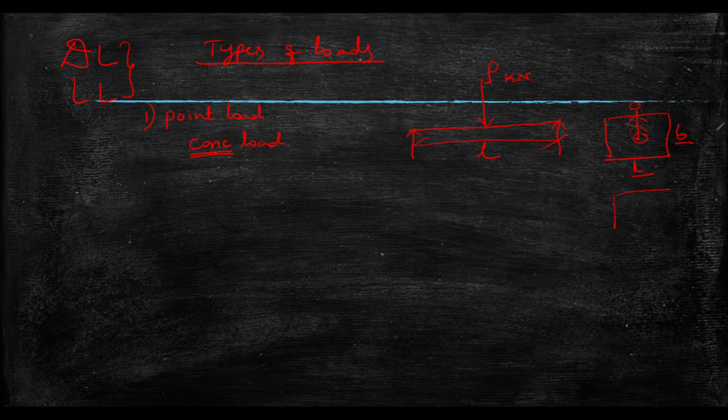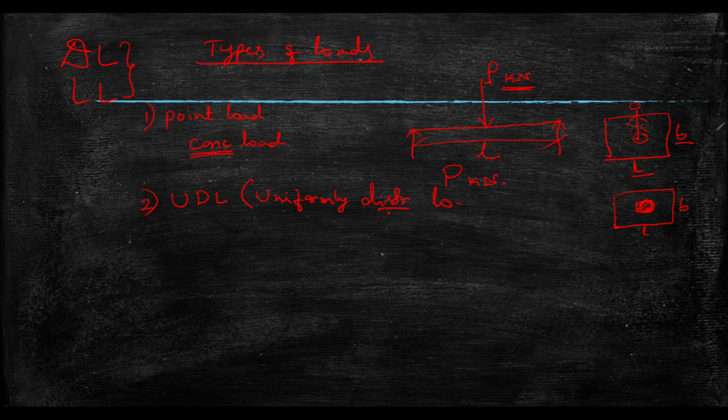And also if you take the laboratory hall, any machine which has been installed at the center or at some place of this hall, compared to this length and breadth, this area is very less, and you can consider that as a point, or it is called a concentrated load. The unit of that will be kilonewton. So for the concentrated load acting, we can call it P kilonewton, either 10 kilonewton, 15 kilonewton, 20 or something like that. Next type will be UDL, that is uniformly distributed load.